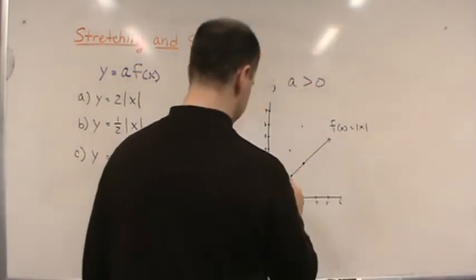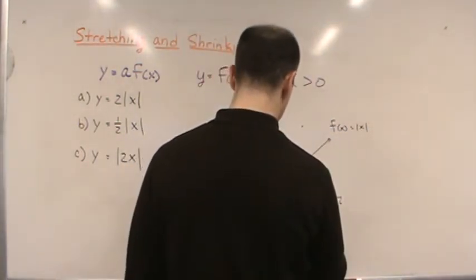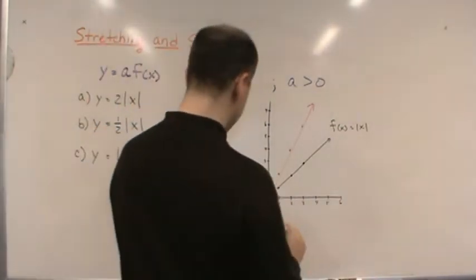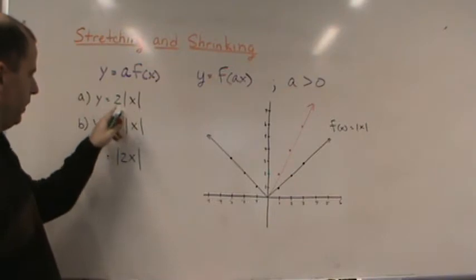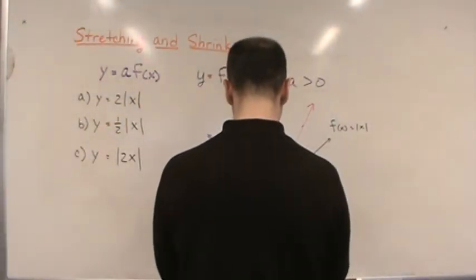And so what I end up with is something that looks like this. And then if I do the same thing over here, negative 1: the absolute value of negative 1 is positive 1, so 2 times 1 is 2. So I'm going to get the mirror image over on this side.